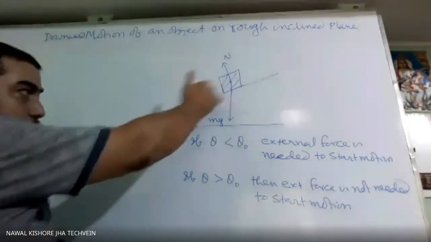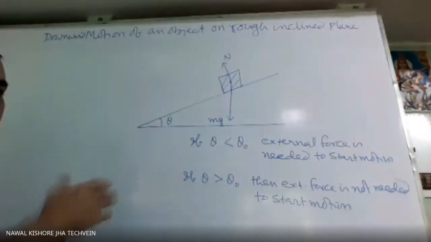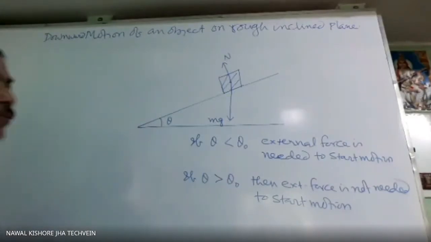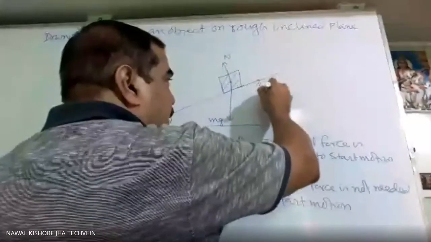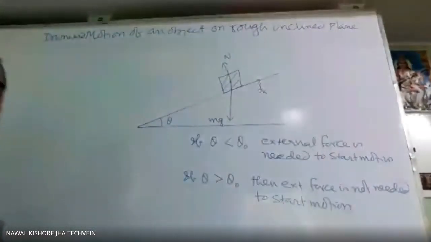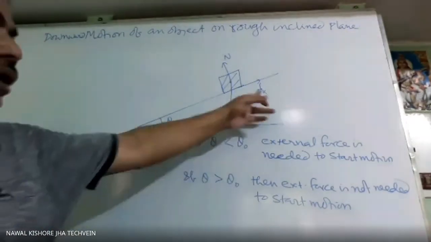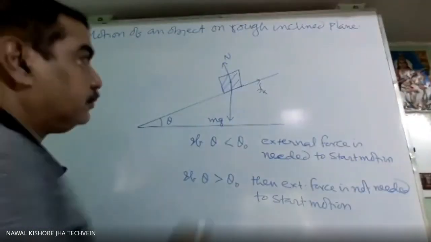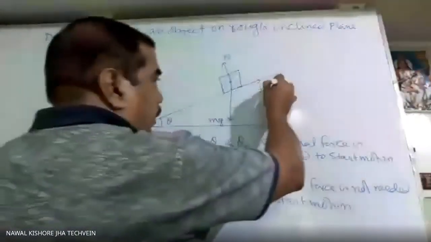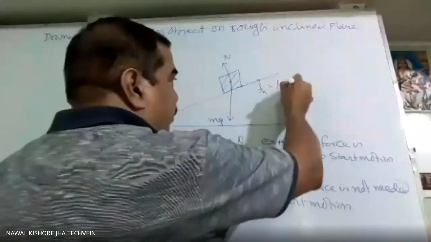As the object has a tendency to move downward, we are interested in downward motion. So naturally the friction will act in this direction. So Fk will be in this direction. If you are asked how much force is required just to start motion, then in place of Fk, limiting friction will come. And this is equal to mu k times N.